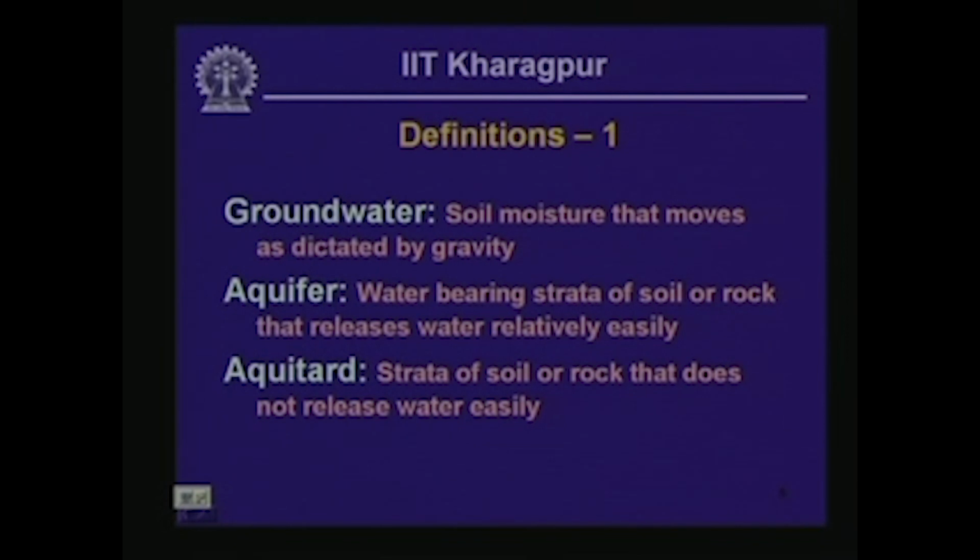Then we need to define aquitard. This one is also water bearing. It is also a stratum of soil or rock that can be water bearing, but that water is not released easily.